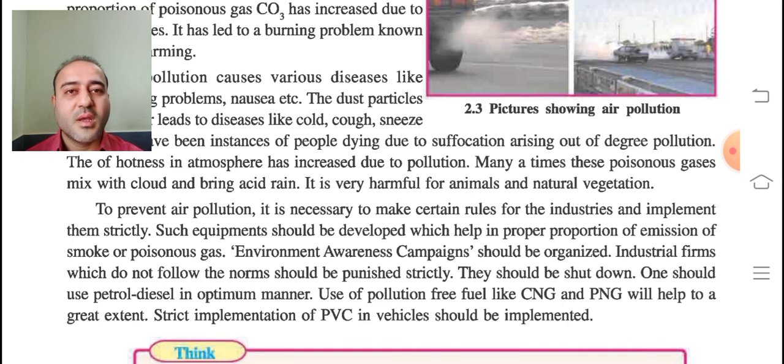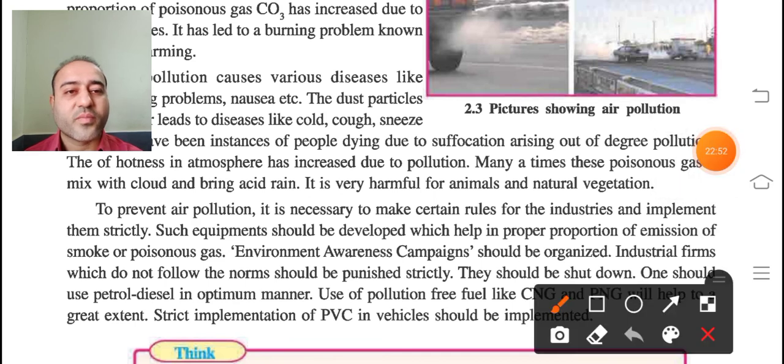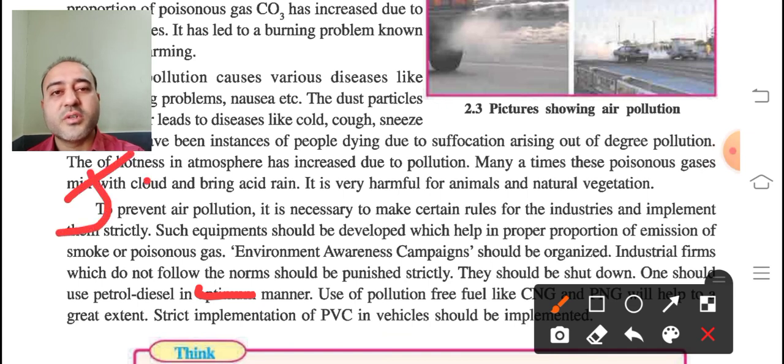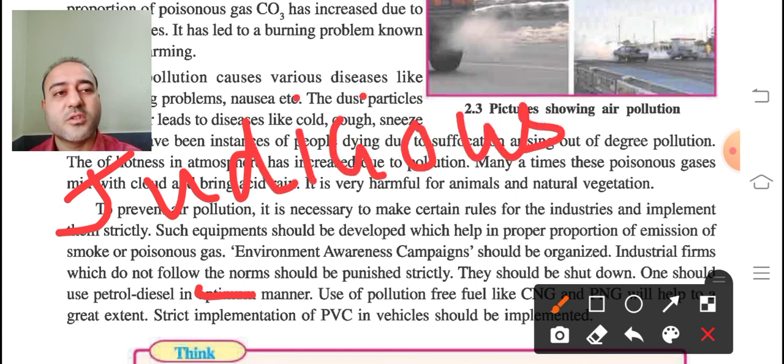Judicious manner means in a very careful manner. Optimum means to the maximum level, so we should not use petrol and diesel in an optimum manner. That means we should make very less use. So instead of optimum, it should be judicious, in a careful way, fine.